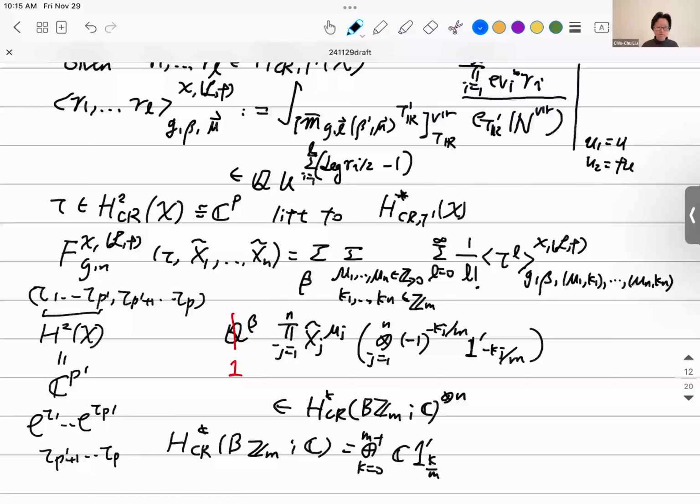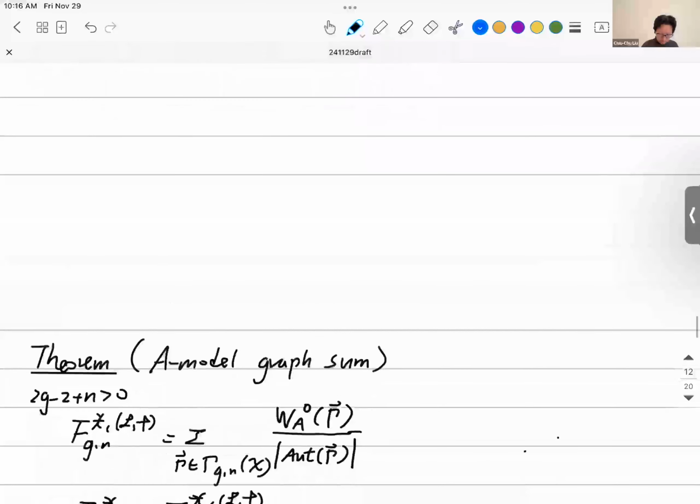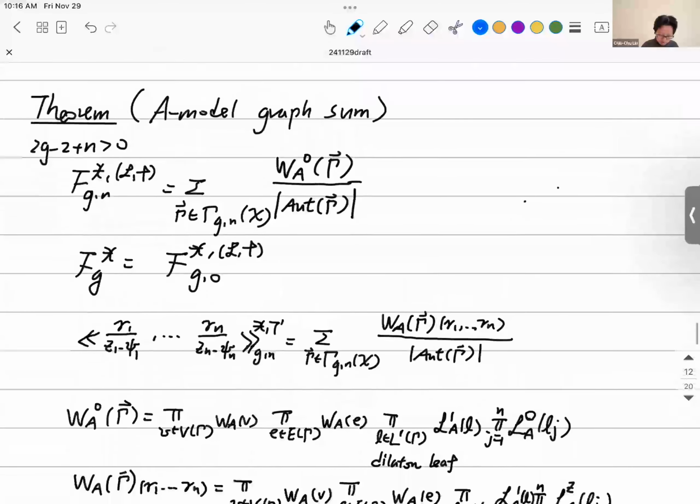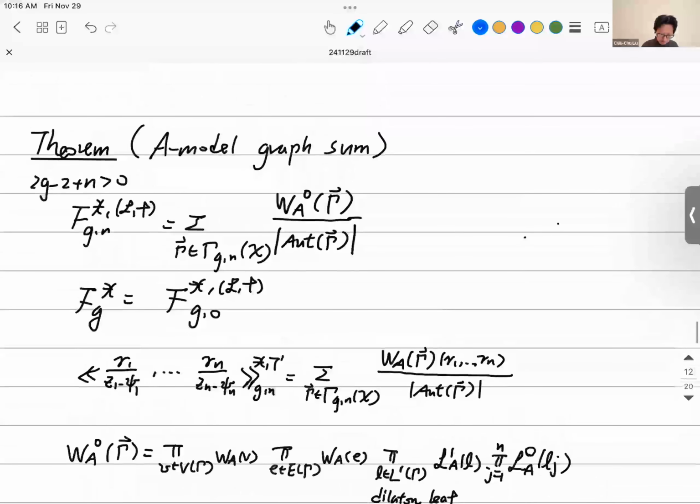Okay, so now we have defined the generating function of open Gromov-Witten invariants and the generating function of closed Gromov-Witten invariants, depending only on tau. And we also have a generating function of closed descendant Gromov-Witten invariants. So here is the theorem, the following statement. For simplicity, we assume 2g minus 2 plus n is greater than 0.